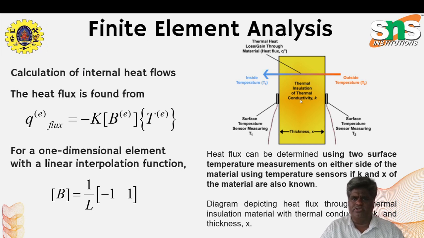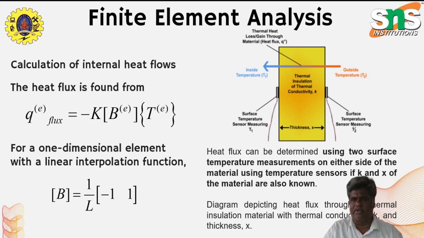The diagram shows the thermal heat loss and gain through a material, heat flux q. K indicates the thermal conductivity of the thermal insulation. T1 is the inside temperature and T2 is the outside temperature. Then T1 and T2 also indicate the surface temperature sensor measurements.